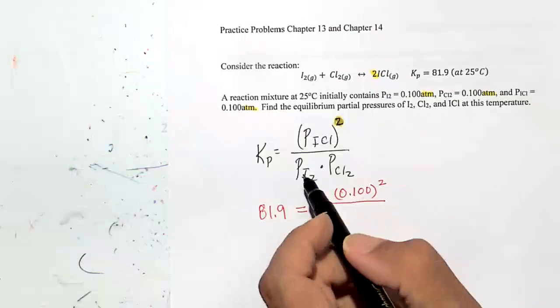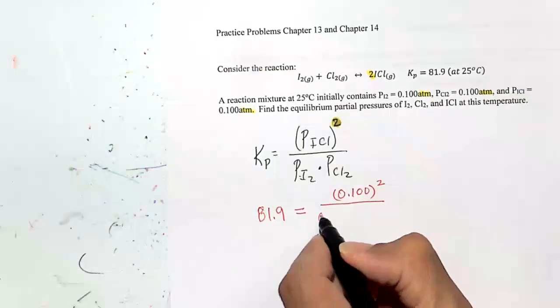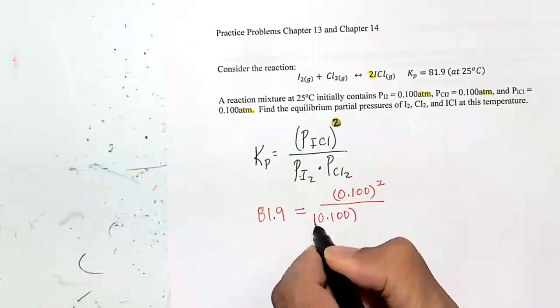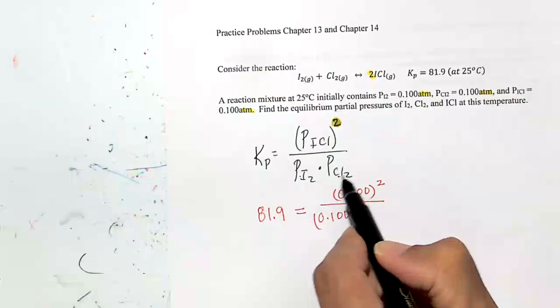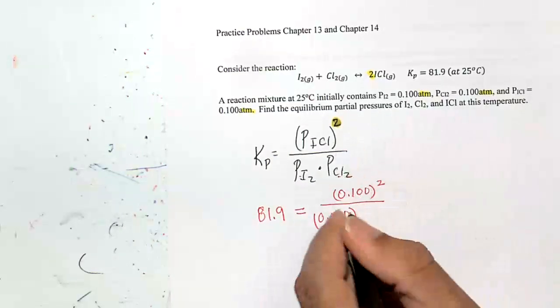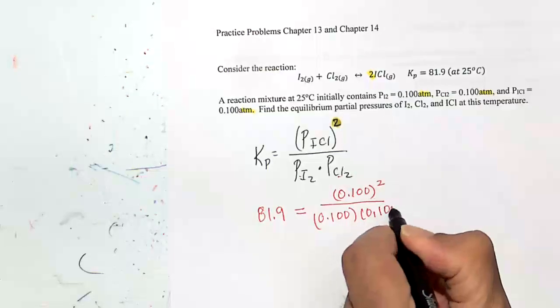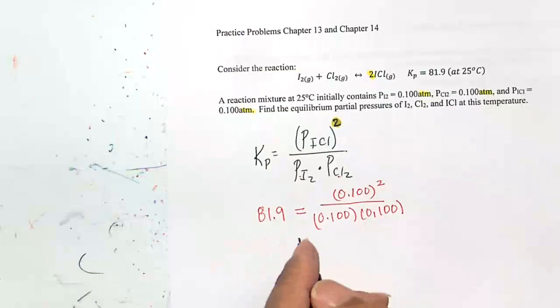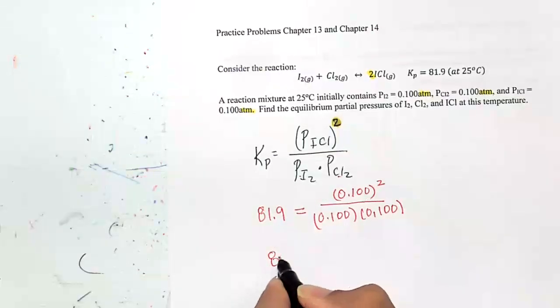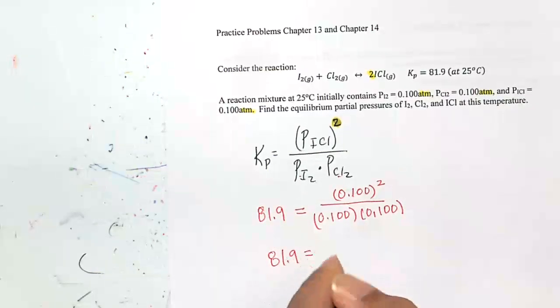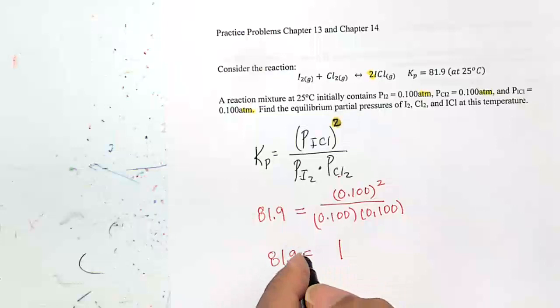Divided by the pressure of I2, which is 0.10, times the pressure of Cl2, which is 0.10. So all of it is at 0.10, and I am getting an answer of 1.